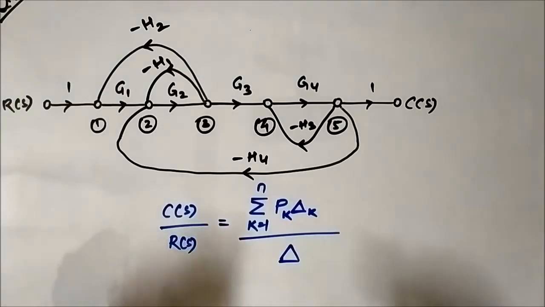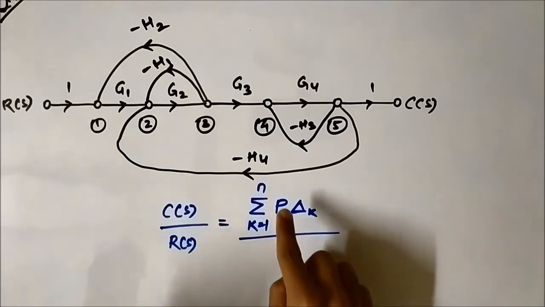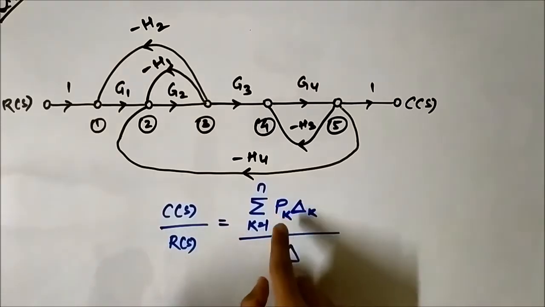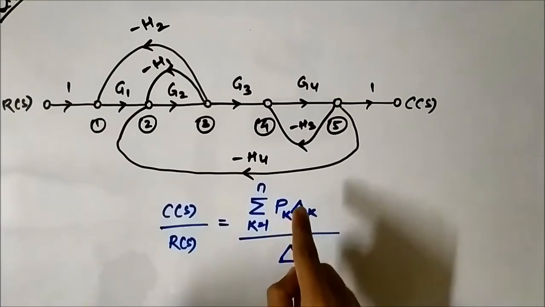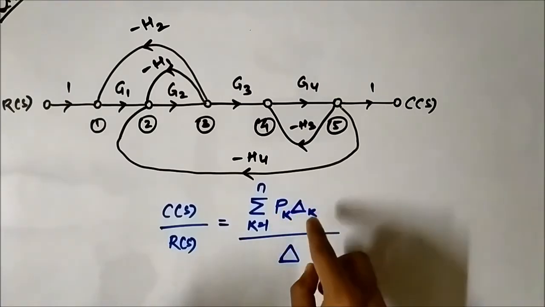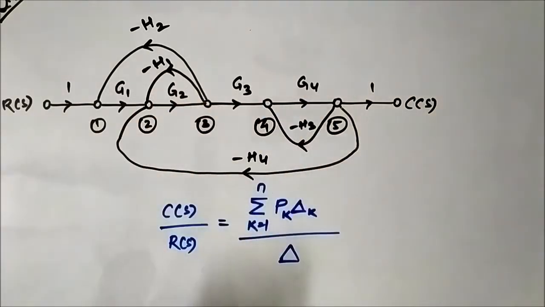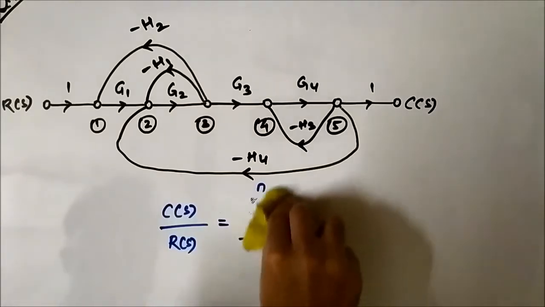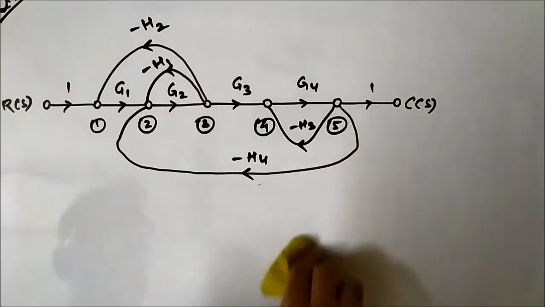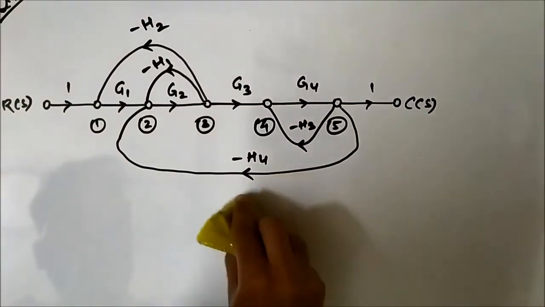Here we have to go individually and find out each of these terms. First, the number of forward paths, then their path factors, then the number of loops, the number of 2 non-touching loops, 3 non-touching loops, and then we put in the respective values. So first let us go for the forward paths.